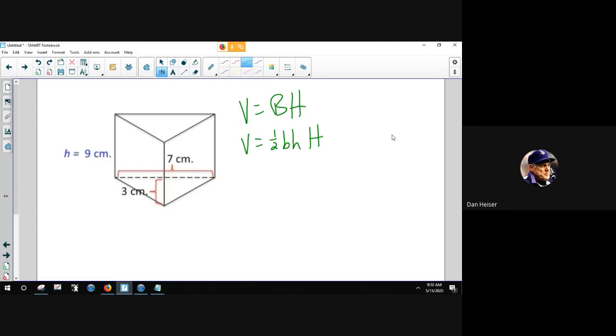And again, notice the difference in the capital versus lowercase. Capital B represents a base area. Capital H, height of the solid. And then the lowercase letters, this is just the base of the triangle. This is just the height of the triangle.